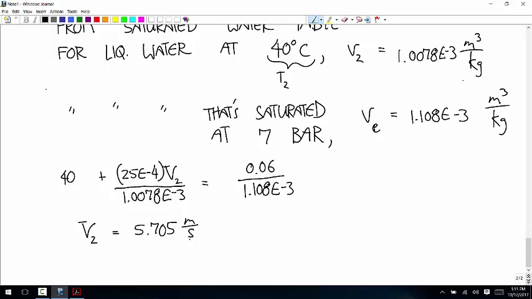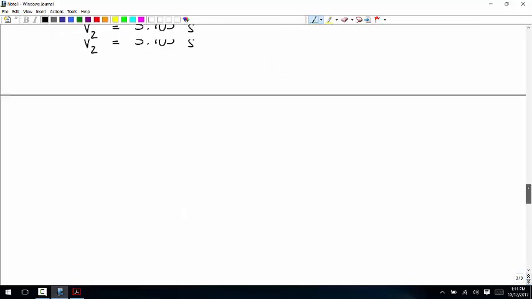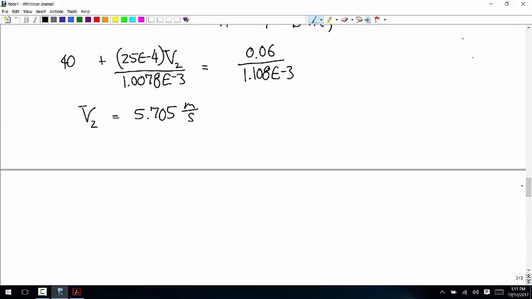And then the other thing we're asked for is the mass flow rate. So mass flow rate at inlet 2 is equal to 25 times 10 to the minus 4 times 5.705 divided by 1.0078 times 10 to the minus third.